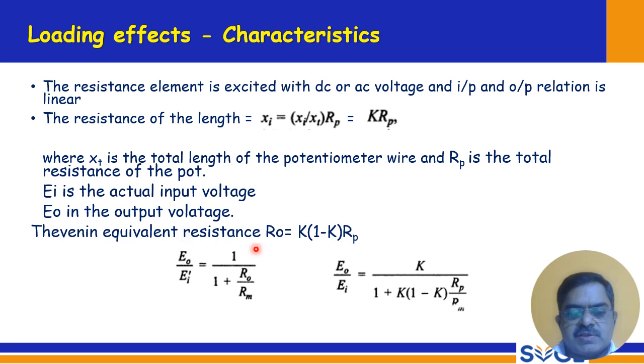The Thevenin theorem actually simplifies complex circuits into simple circuits. So E0 by Ei equal to 1 by 1 plus R0 by Rm. Here R0 equal to K into 1 minus K into Rp. If you replace that, you will get it in terms of K. So E0 by Ei equal to K by 1 plus K into 1 minus K Rp by Rm. So this is the relation.